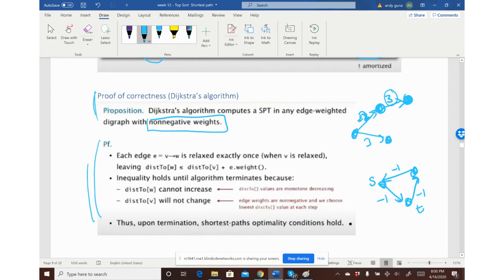Therefore, the shortest path does not exist in this case. If you have a cycle with a negative total weight, there's no shortest path. You can just keep going. It's minus infinity.